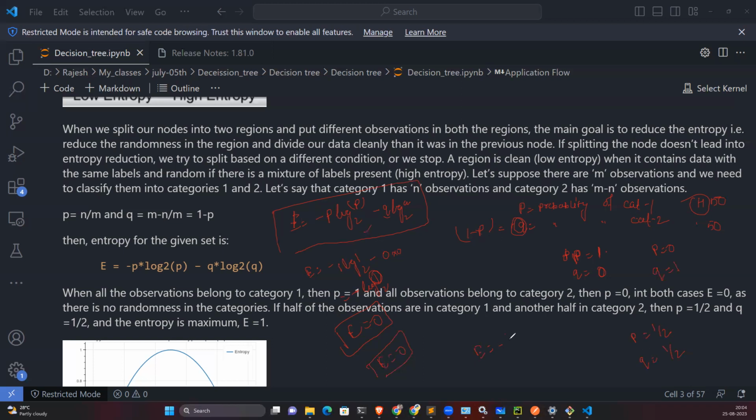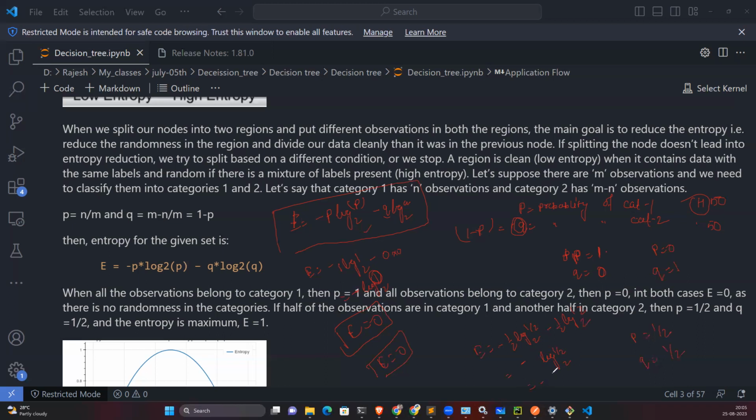So minus 1 by 2 log of 1 by 2 base 2, minus 1 by 2 log of 1 by 2 base 2. Now just try to understand: this minus minus becomes plus.